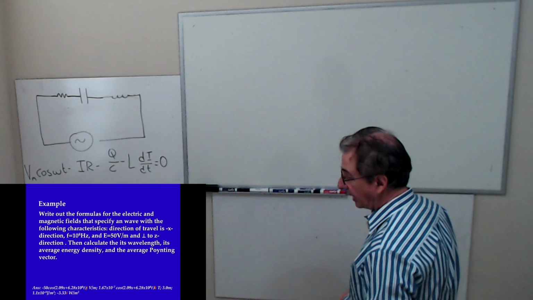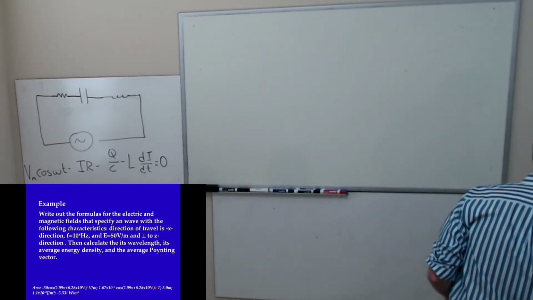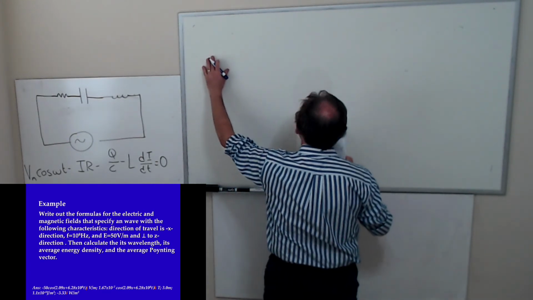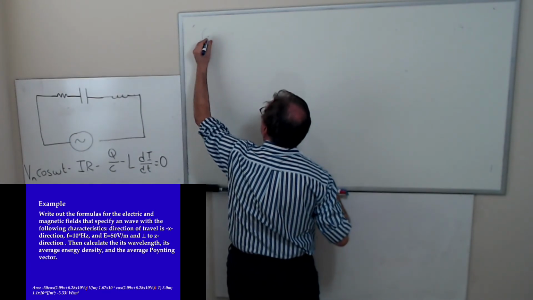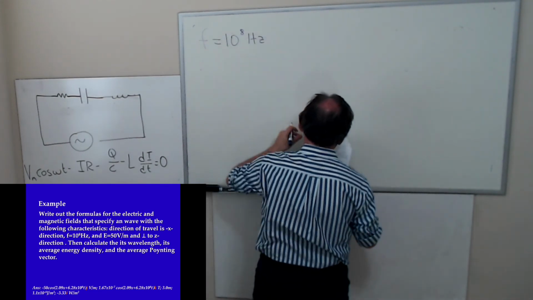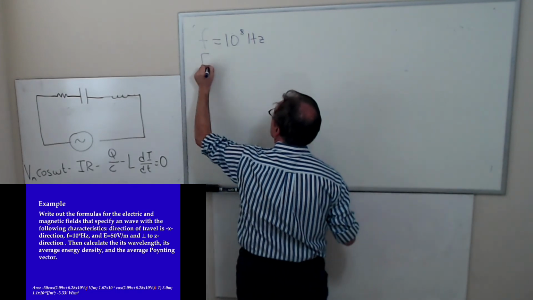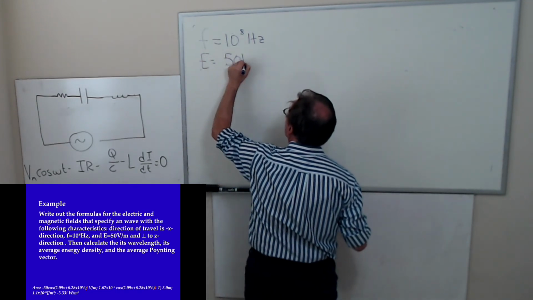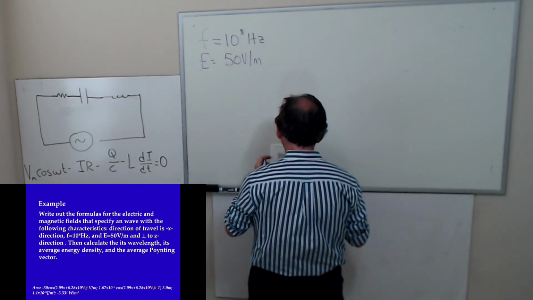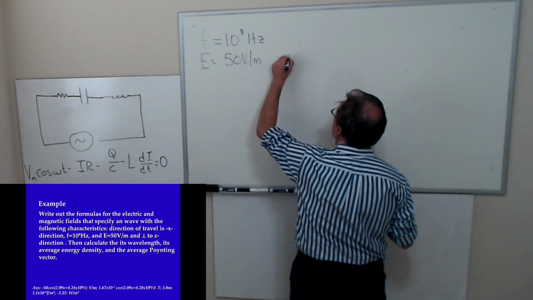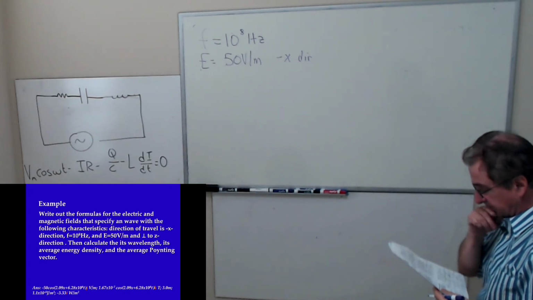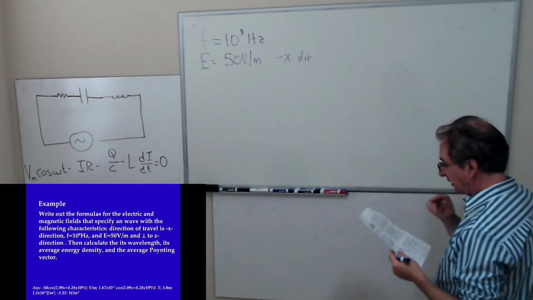Okay, so we have an electromagnetic wave. f is 10 to the 8th hertz. E is 50 volts per meter. And it's in the minus x direction. And it's perpendicular to the z direction.